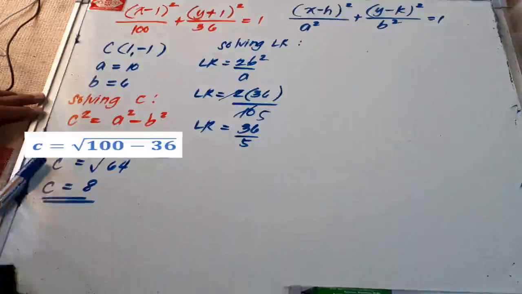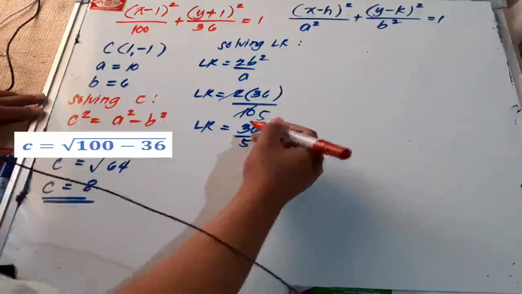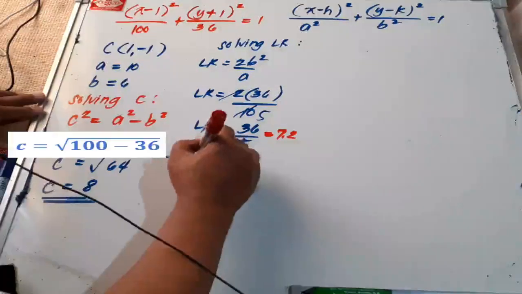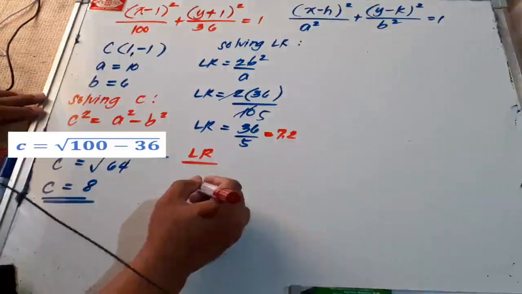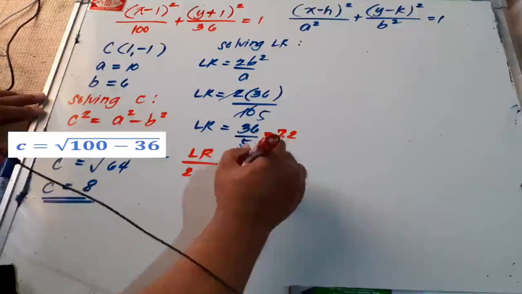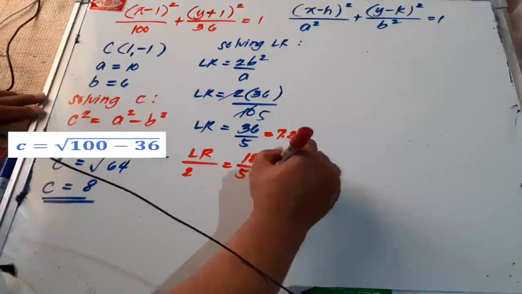In decimal, that will be 36 divided by 5, 7.2. And then half of LR, kailangan natin para ma-draw natin yung lateral recta, kalahati niya is 18 over 5, or that is equal to 3.6.